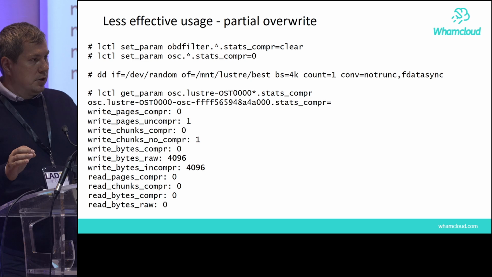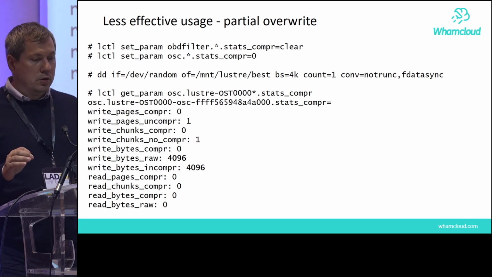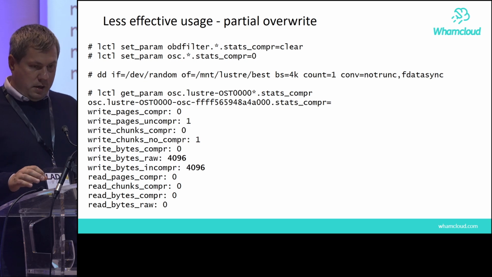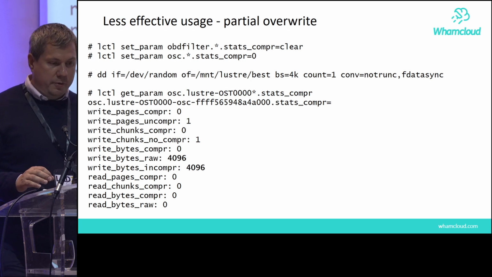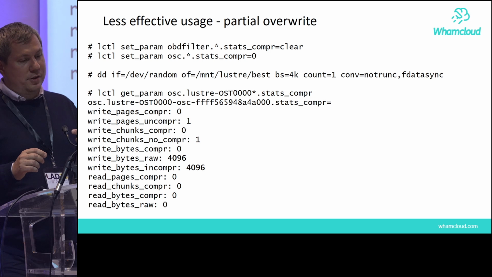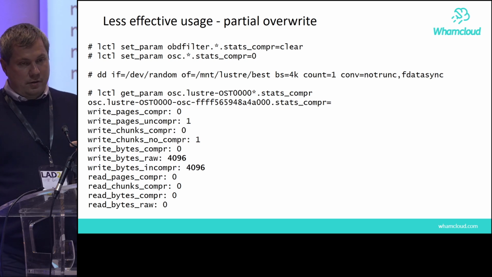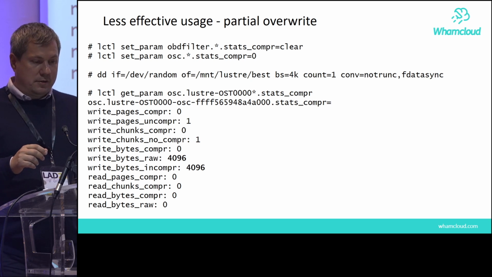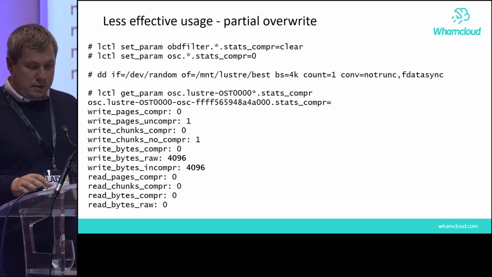When we try to rewrite only a 4 kilobyte block, as was shown in one of the previous slides, in this case we need to send this block uncompressed to the server, read this whole chunk from the disk, change these 4 kilobytes and write it back.